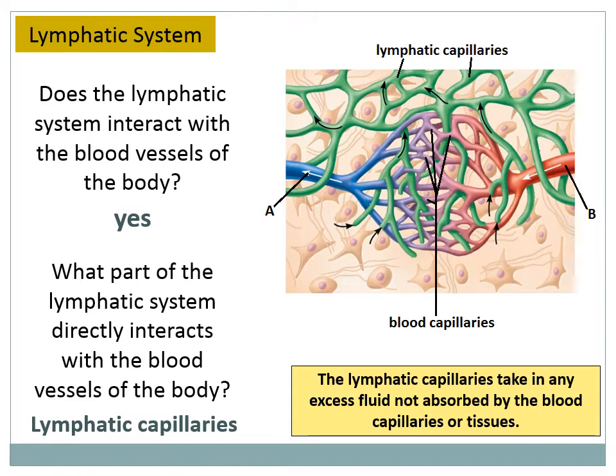Remember, last slide we said we're not going to take up every single thing that's passed back and forth. The lymphatic capillaries take the leftovers. Okay, so leftovers and lymphatic capillaries.